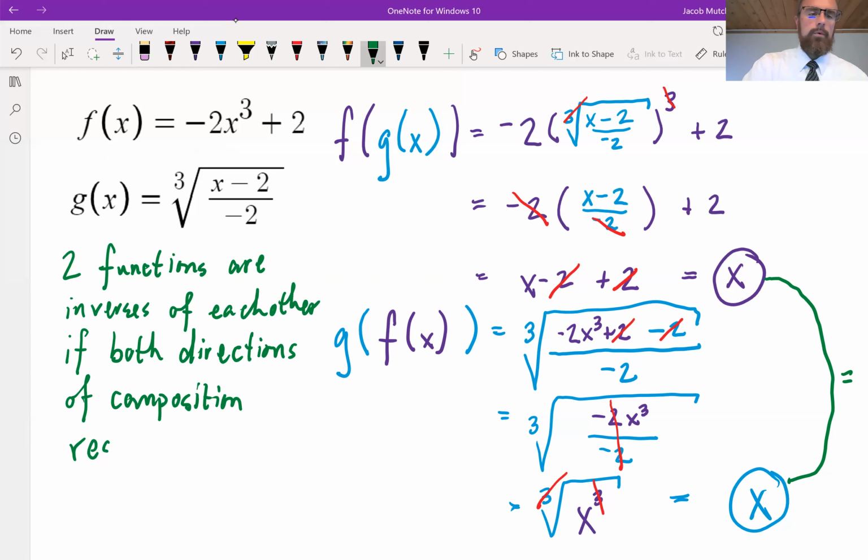And again, what we're saying with x is that they result in the identity function, f of x equals x.